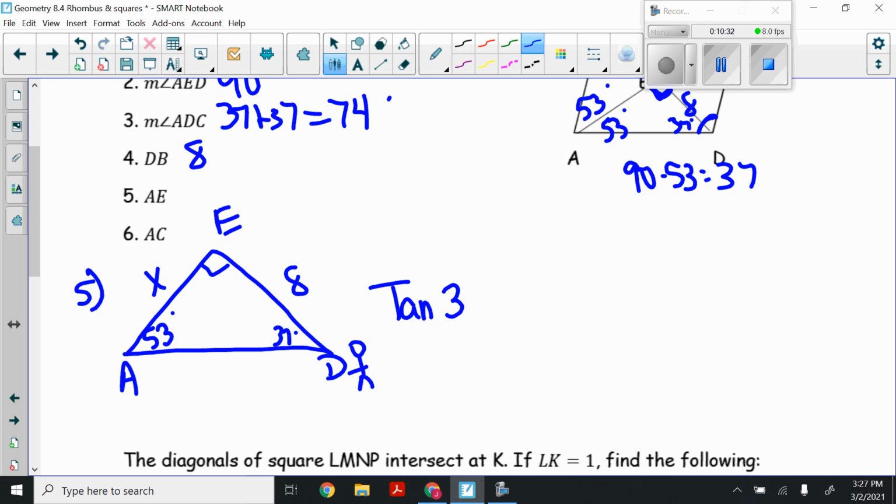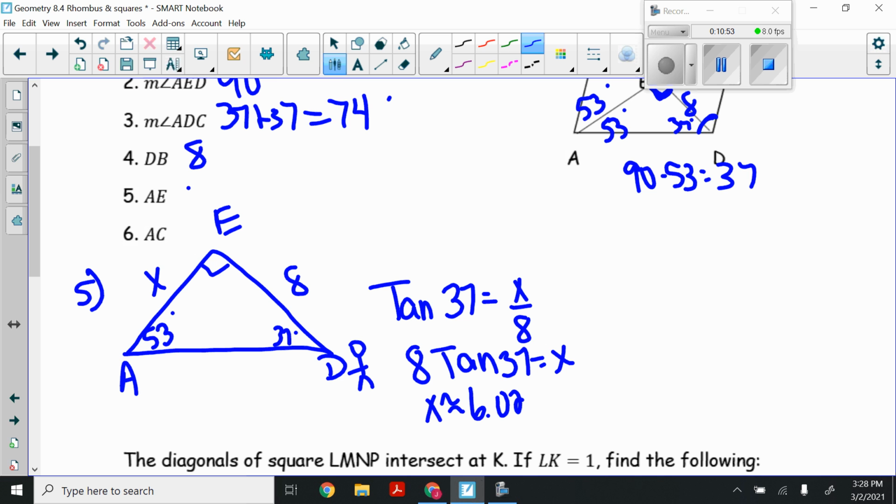So I can say tangent of 37 equals x over 8. Cross multiply, 8 times the tangent of 37 equals x. So when I type that in my calculator, 8 times the tangent of 37, I get x is approximately 6.02. So AE is approximately 6.02.